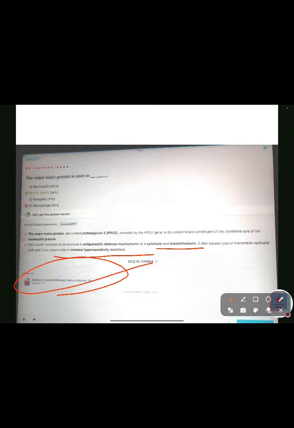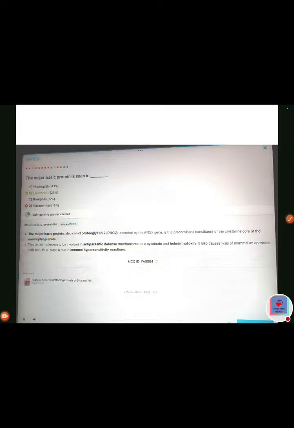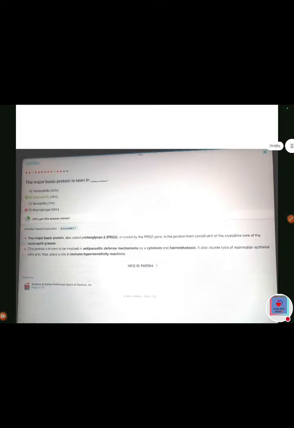The major basic protein is called proteoglycan 2, encoded by the PRG2 gene, the predominant constituent of the crystalline core of the eosinophil granule.